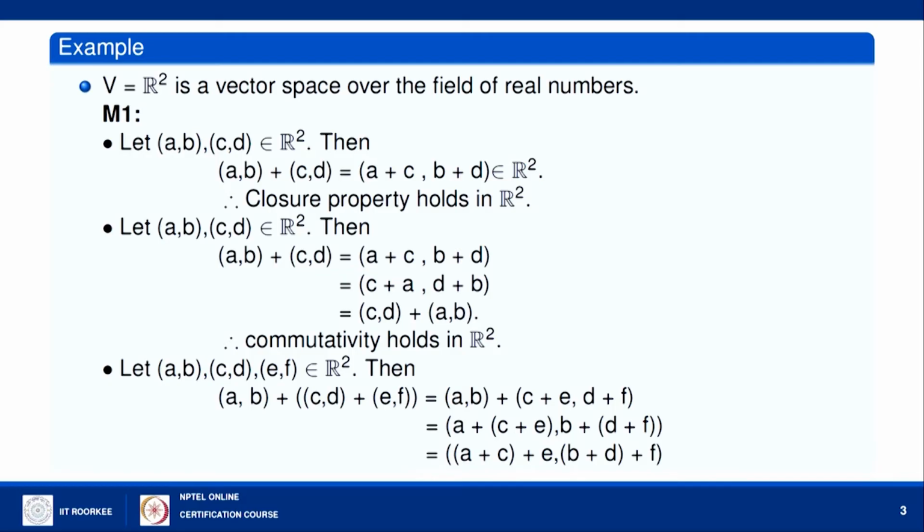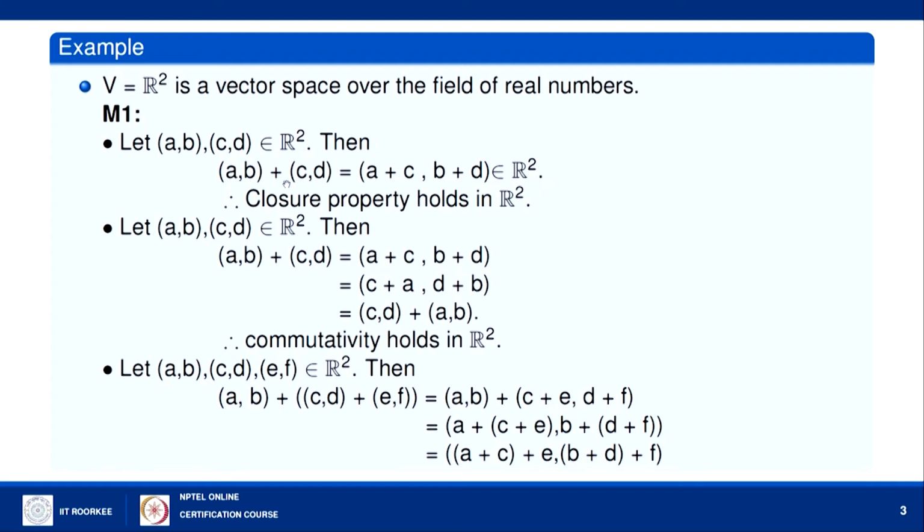So, to check this we have to see whether it is satisfying all these 6 properties. So, let us see. So, property 1 is, first I am taking 2 vectors or 2 points in R2 plane, that is (a, b) and (c, d). So, these are 2 vectors v and w, let us say, from the vector set capital V, which is R2, then (a, b) plus (c, d).